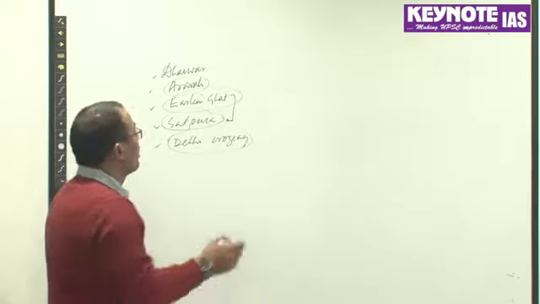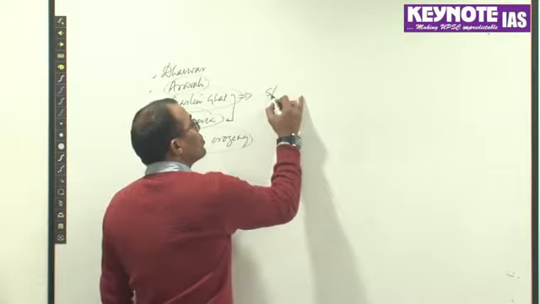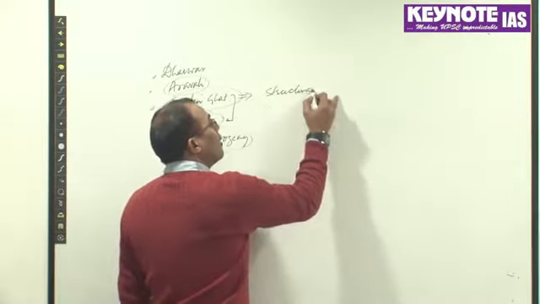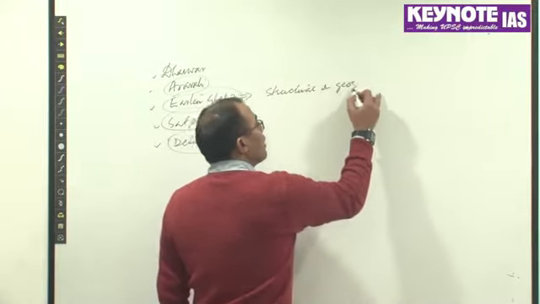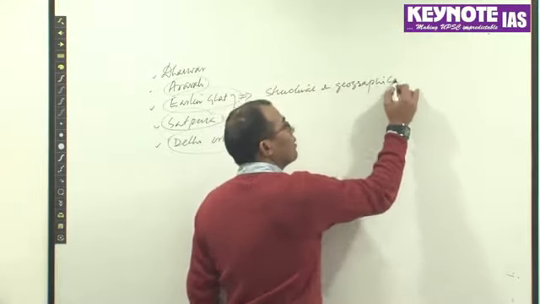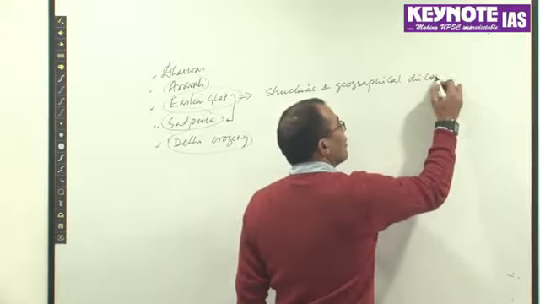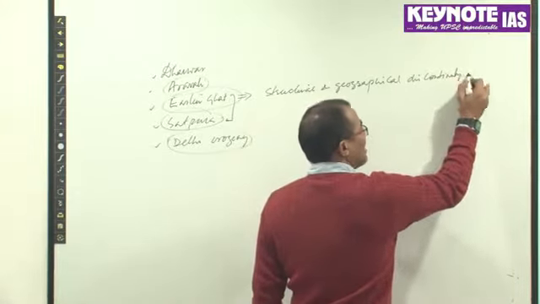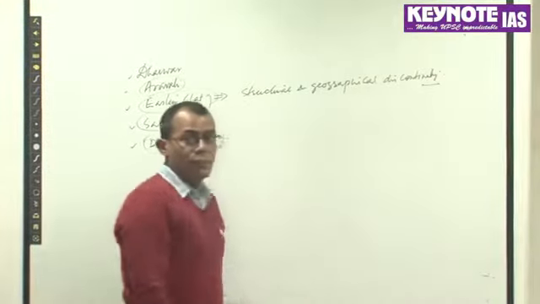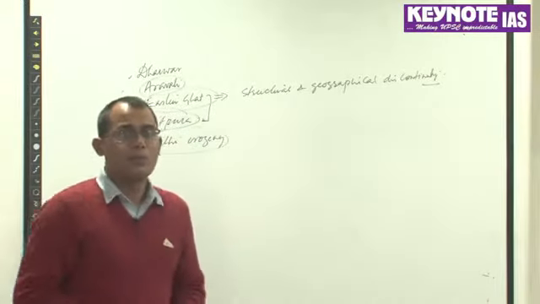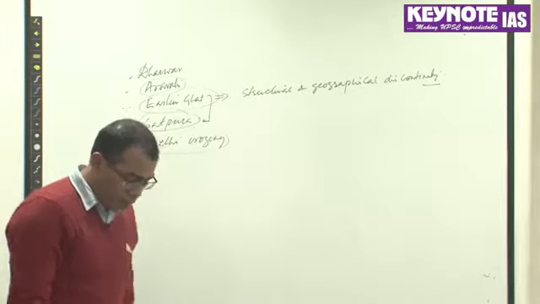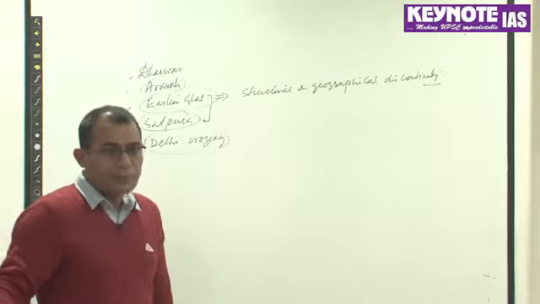And one very strong part of Eastern Ghat is structural and geographical discontinuity. That proves that they were not formed during same period through a similar process.